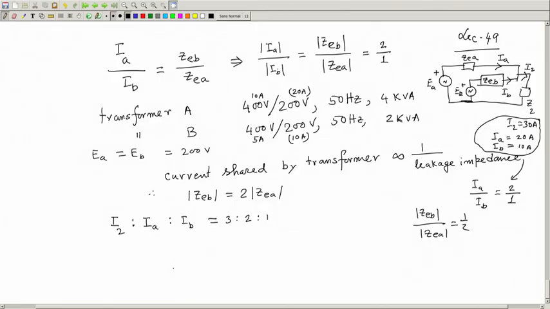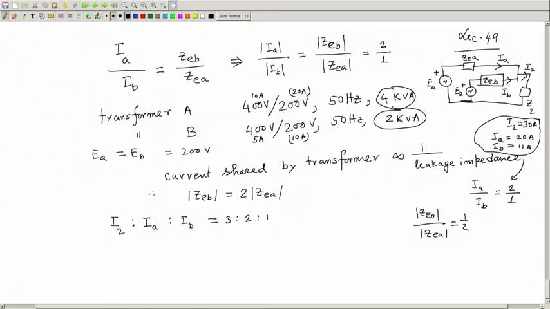The transformer having higher kVA is having higher impedance, is it not? The kVA of this transformer is 4 kVA. Higher kVA transformer must have lower impedance. Otherwise, what will happen?